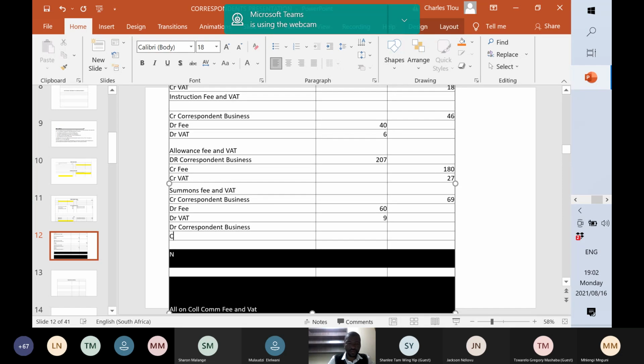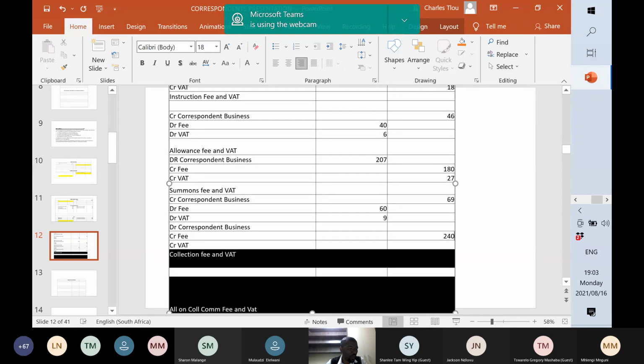Your credit fee. Your credit VAT. And that is your collection fee. And we say that your fee there is 240 rand. Therefore, you record the 240 rand here.